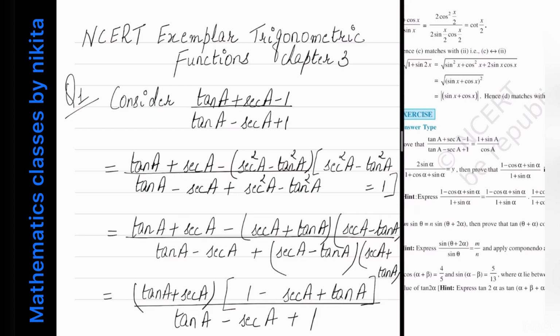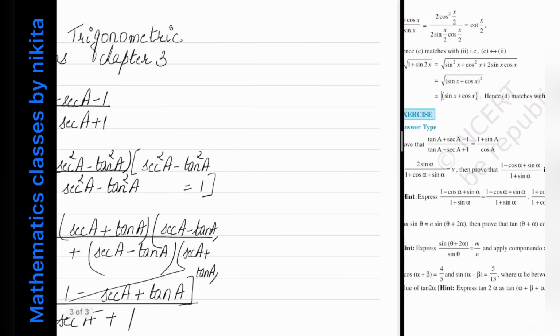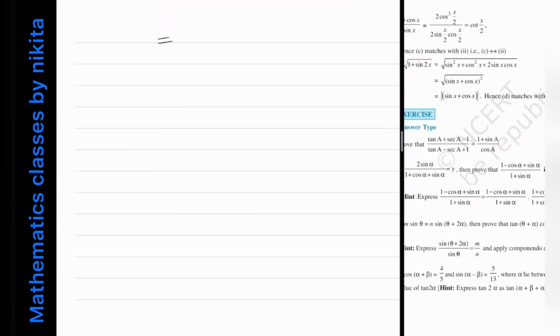So now what I will do is, you can see that I can cancel out this expression with this because these are same. Okay, you have 1 minus secant A plus tan A in the denominator. So you are left with tan A plus secant A. So this is equal to tan A plus secant A, and now I need the expression in terms of sine and cos.